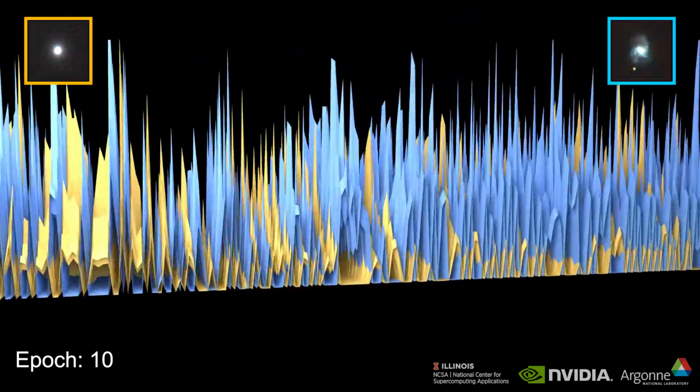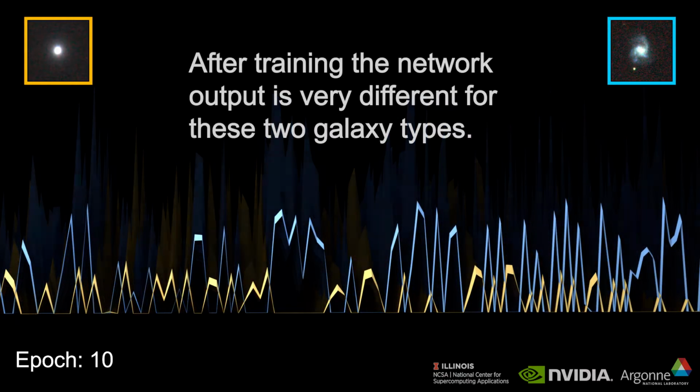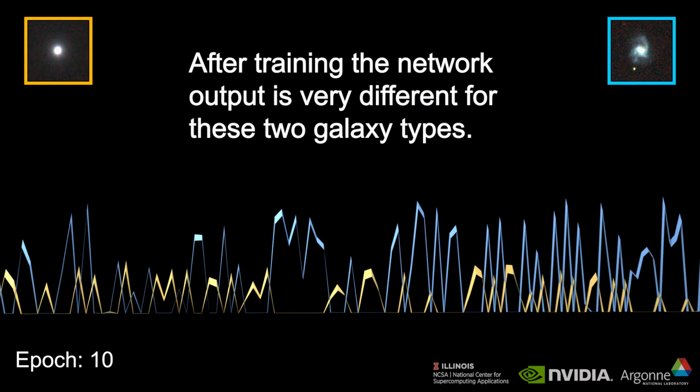Expanding out the final layer in the network when it is fully trained, we can clearly see the difference between the network's response to the spiral and elliptical galaxies.